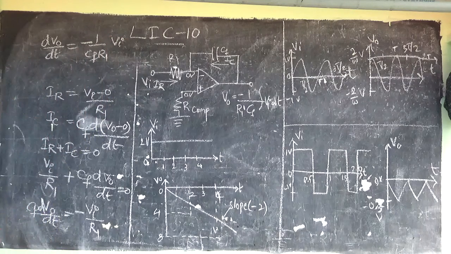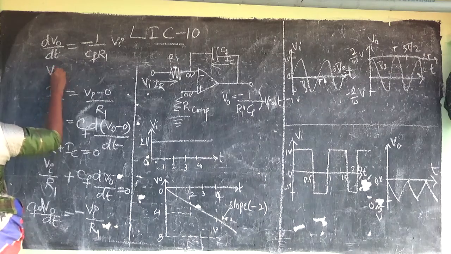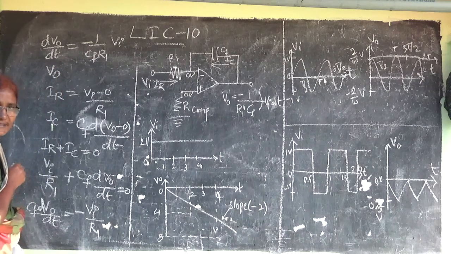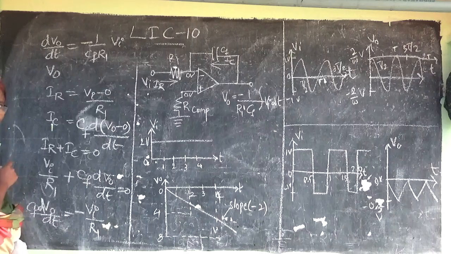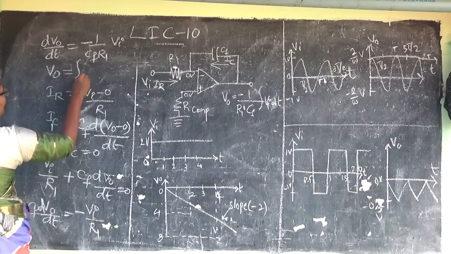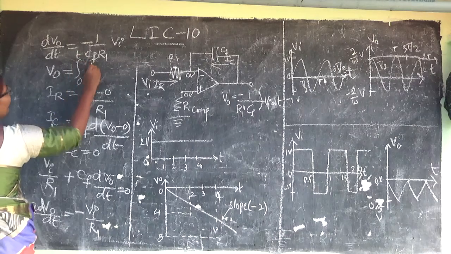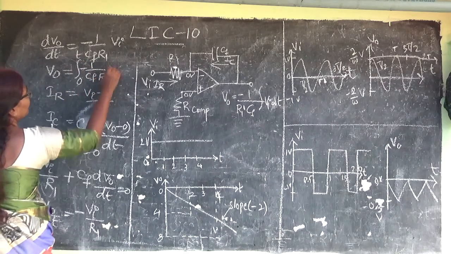So what I want, I don't want the differential of V naught, simple V naught I want. So how can I get it? By integrating on both sides. By integrating on both sides, I will get V naught is equal to minus integral from 0 to t of 1 by CF R1 into VI.